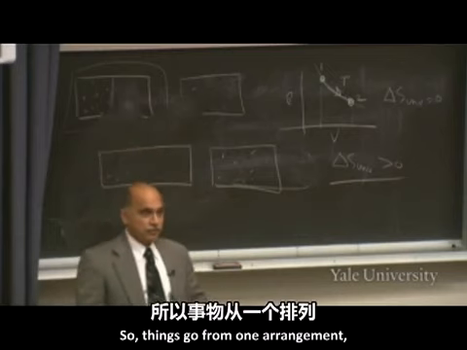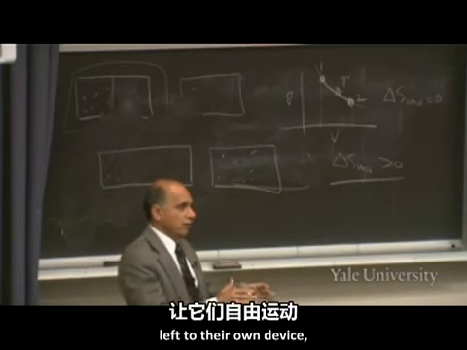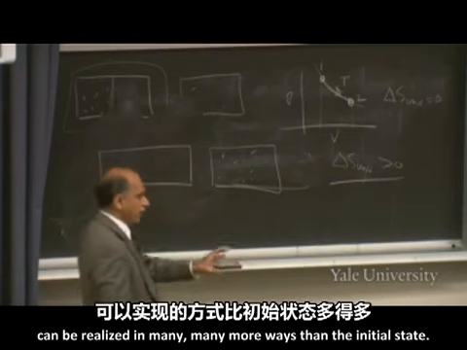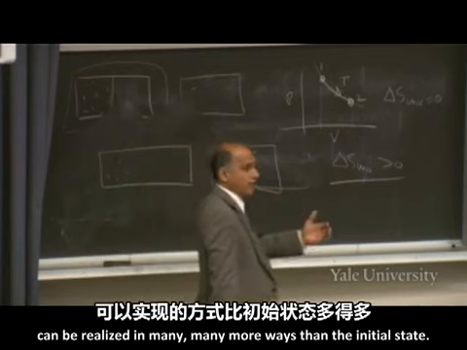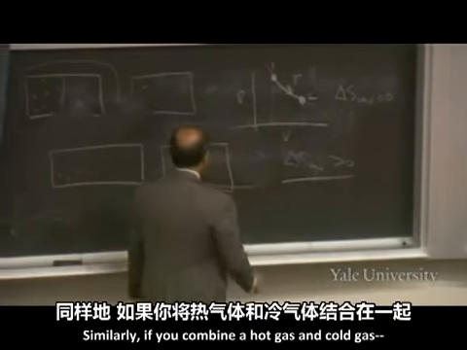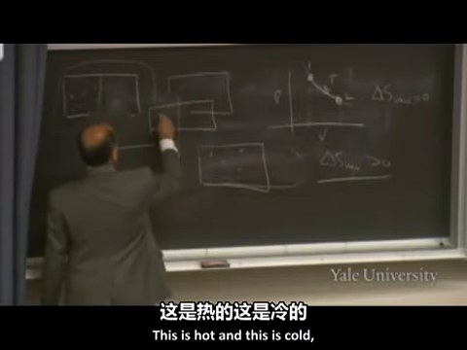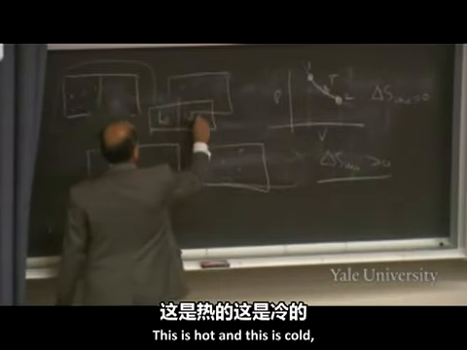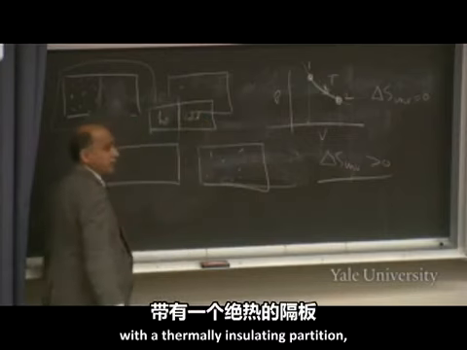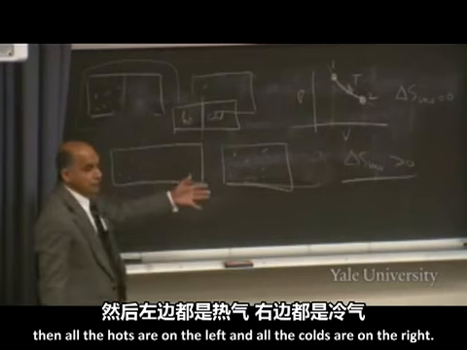So things go from one macroscopic arrangement to another one, left to their own device, because the final state can be realized in many, many more ways than the initial state. Similarly, if you combine a hot gas and a cold gas, this is hot and this is cold, with a thermally insulating partition, then all the hots are on the left, all the colds are on the right.